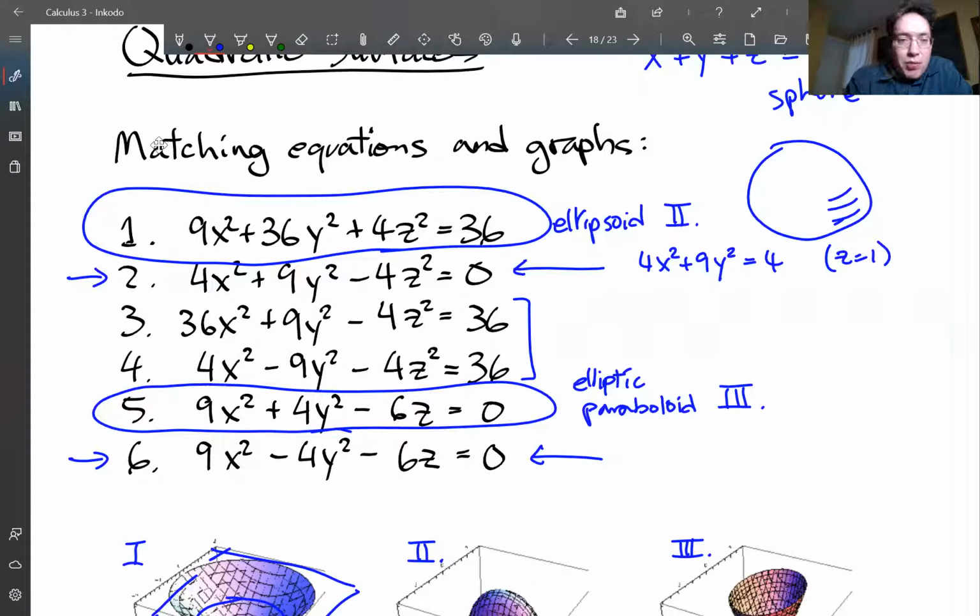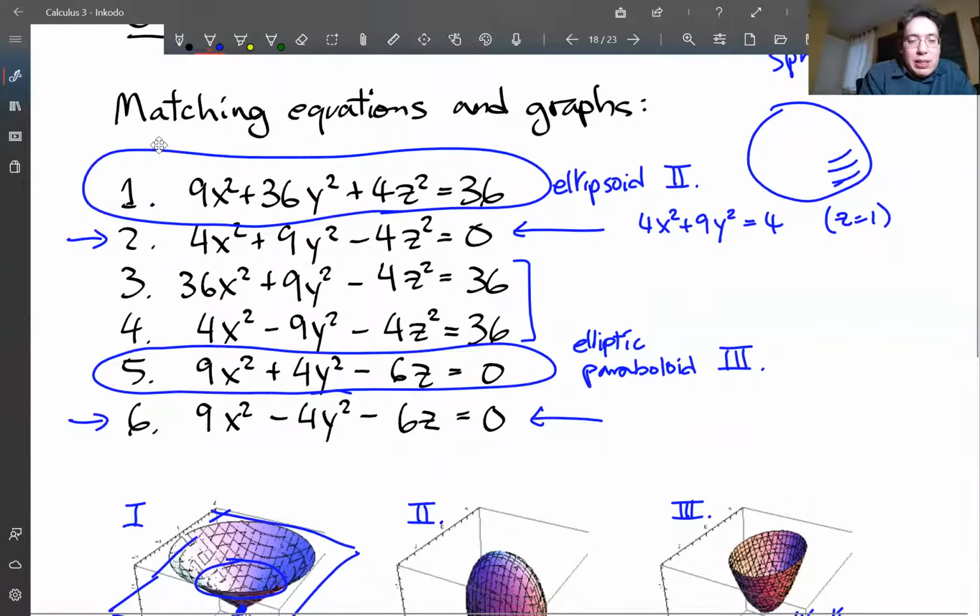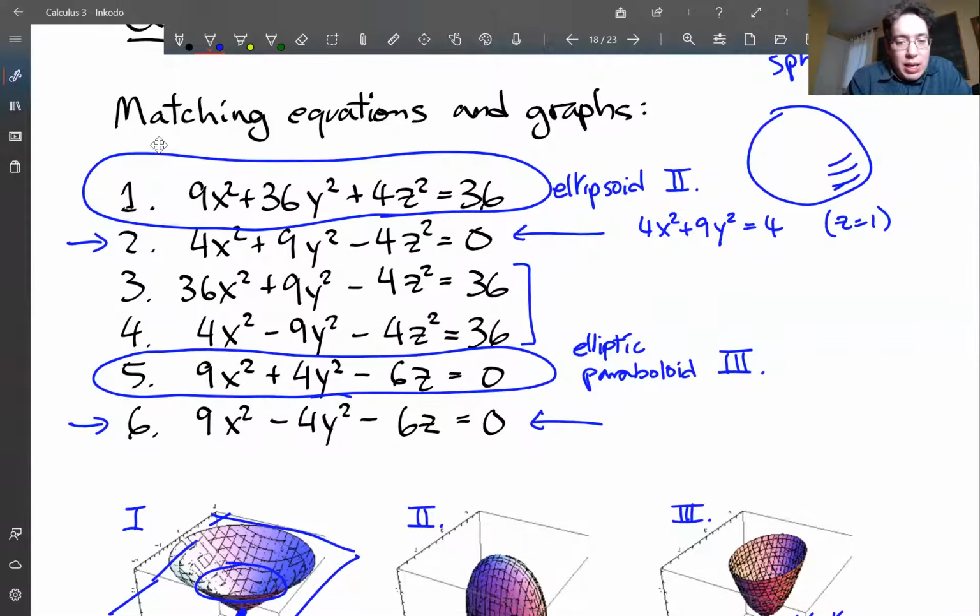If I divide both sides by 4, I get an equation for an ellipse. While if I take equation number 6 and then set z equals 1, okay, this is an equation of a hyperbola.